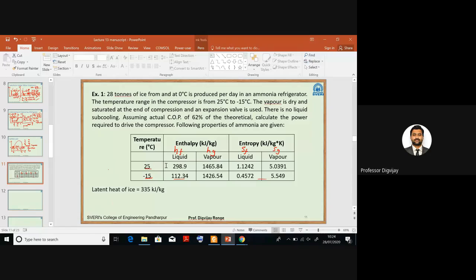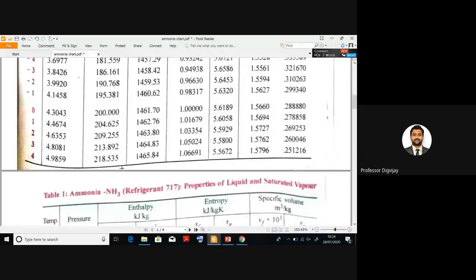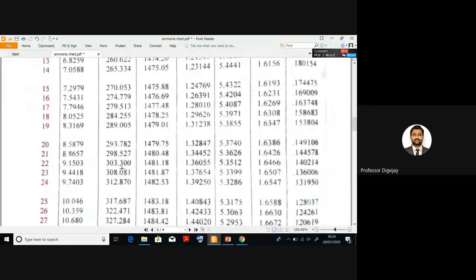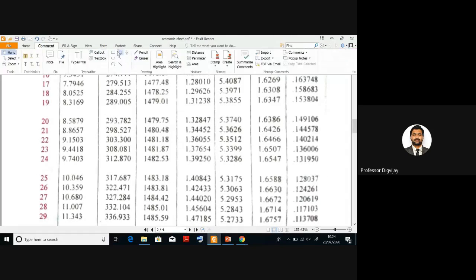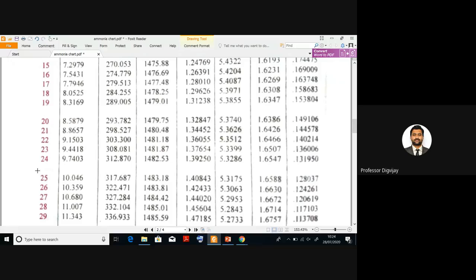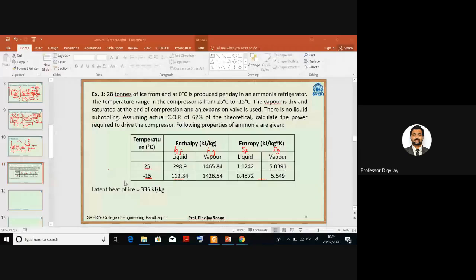Similarly, if you go for 25 degrees Celsius, let us see how much the enthalpy HF is. So here we have the 25 row. HF in this case is 317.68, while there it is given as 298.9.